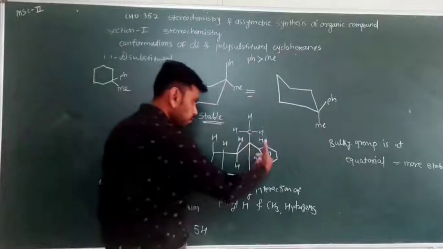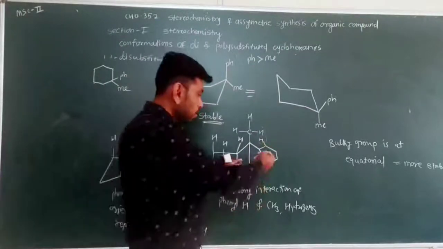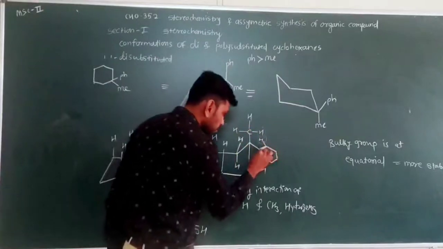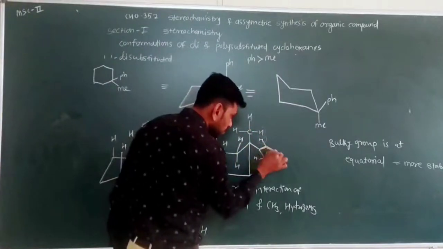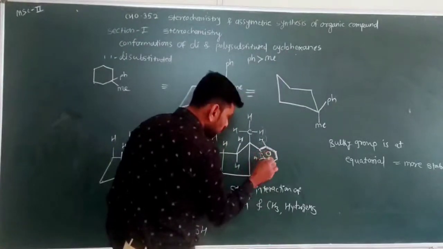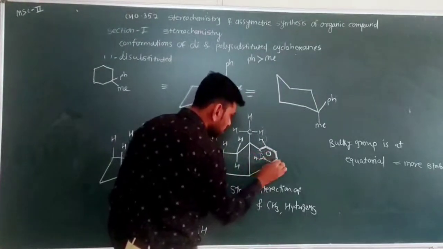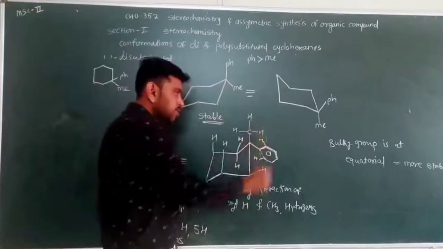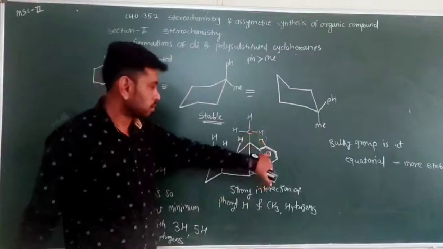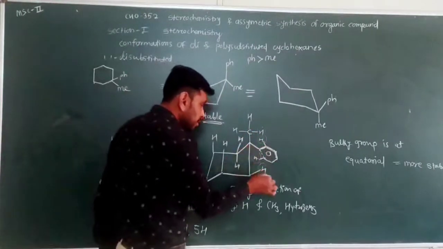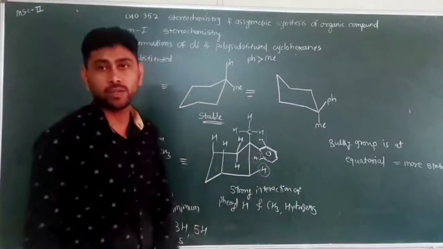For this purpose, if we change the angle of this phenyl ring, or twist it, suppose that this ring is twisted. Then what happens when this ring gets twisted? The interaction between these CH3 hydrogens and the phenyl hydrogens is reduced, but at the same time the interaction with the equatorial hydrogen increases.